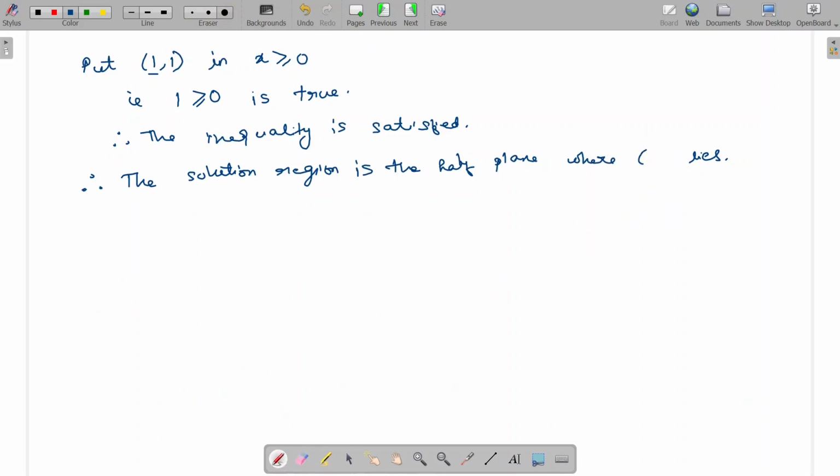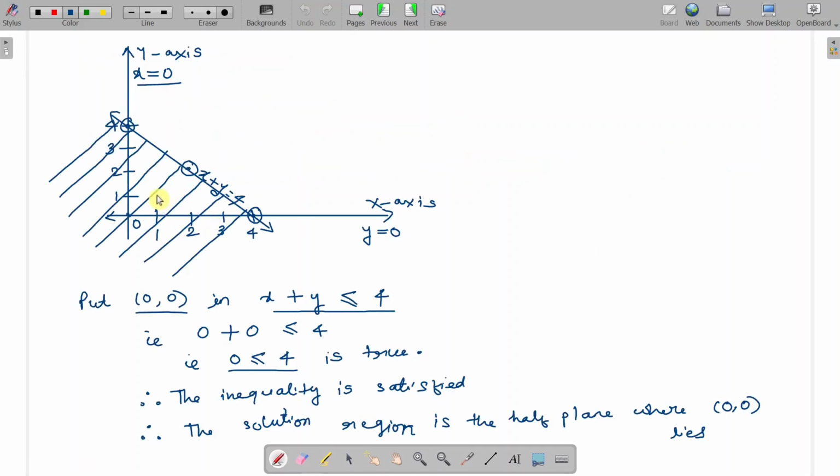This is 1 comma 1 because you have substituted 1 comma 1 here. So where is 1 comma 1 here? So the solution region will be on the right hand side of x equal to 0. So that is this.